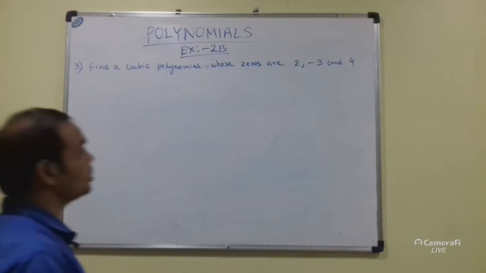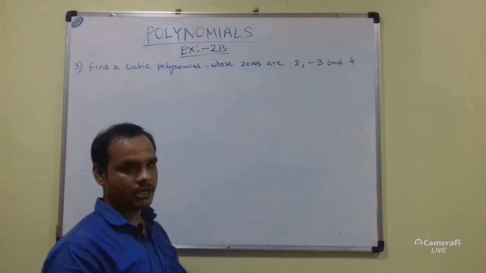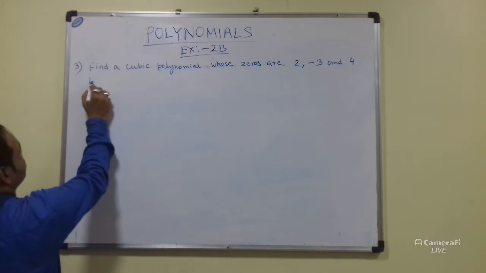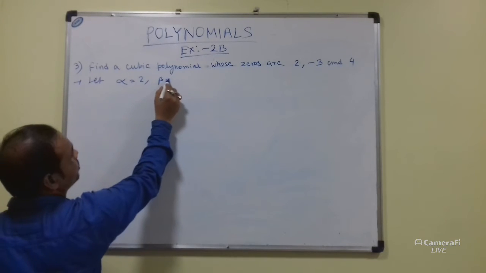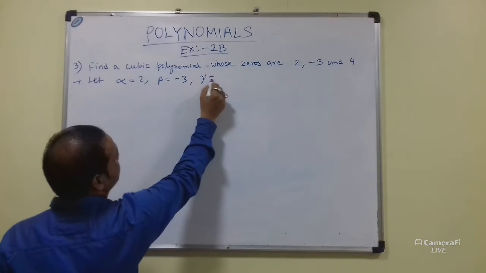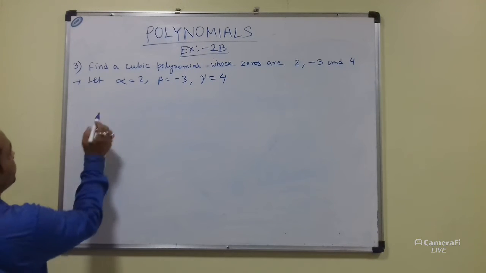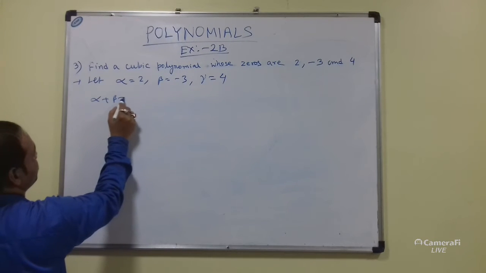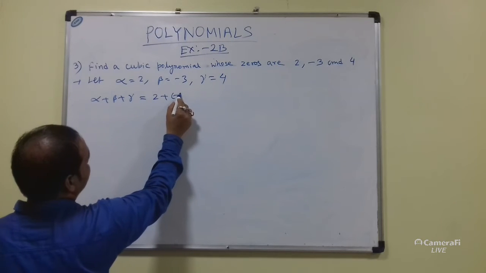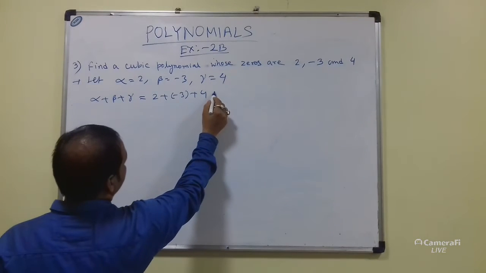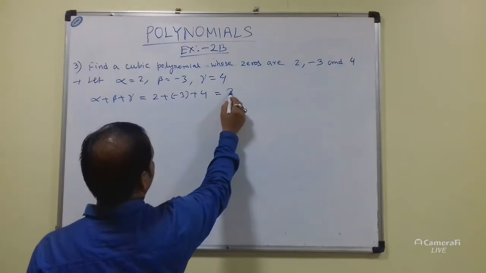Minus 3 and 4 are the zeros, and we have to find the cubic polynomial. So here let alpha equals 2, beta equals minus 3 and gamma equals 4. Now at first we have to find alpha plus beta plus gamma. So 2 plus minus 3 plus 4 equals 3.